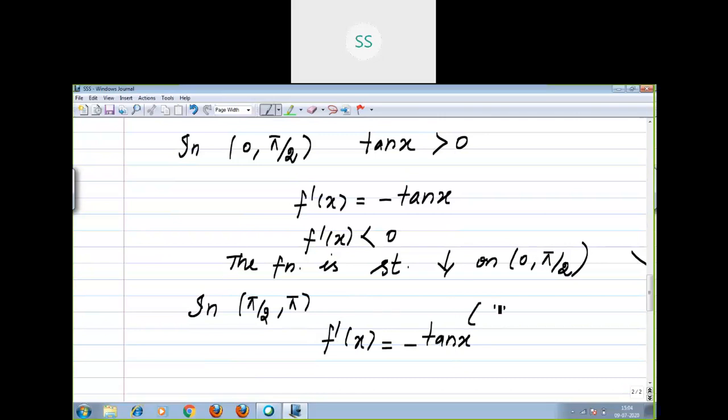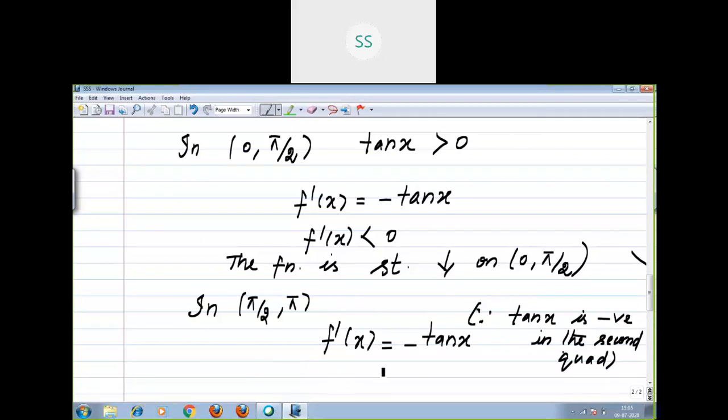Since tan x is negative in the second quadrant, how will the derivative act now?